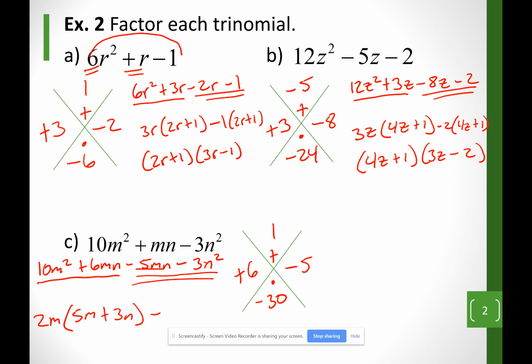And I can also factor an n out. So let me divide both by negative n. So I'm going to have 5m plus 3n. My answer should be 5m plus 3n and 2m minus n.